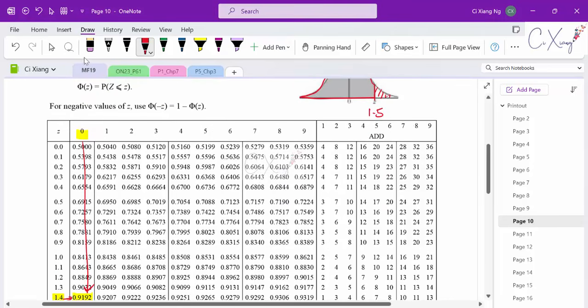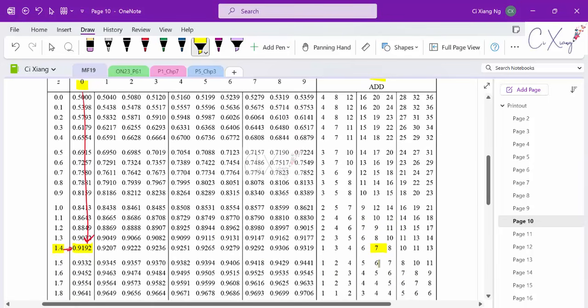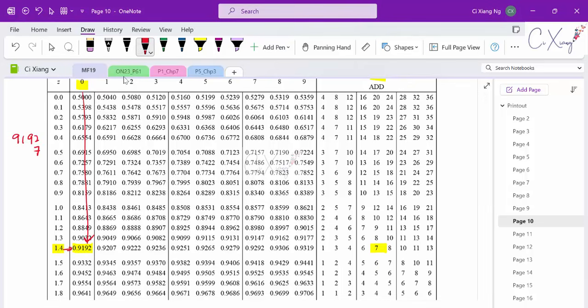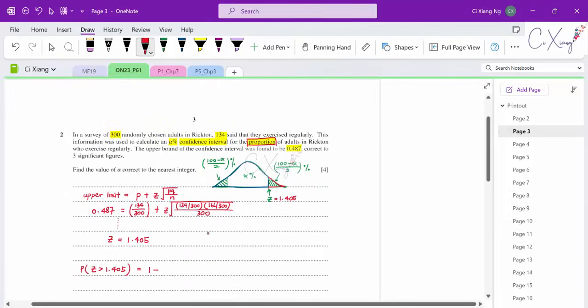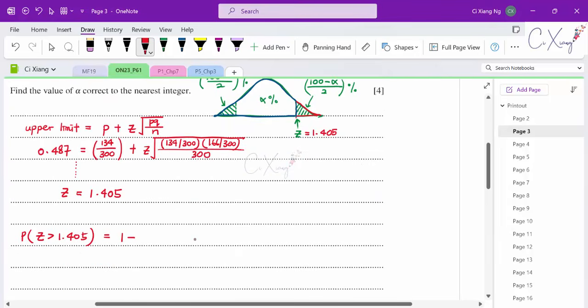So 5, you can go to the back. What's the 5 here? The 5 here is a 7. So that means you have to take 9192 plus 7 as the last digit, so you should have 9199. So the value that I get from the normal distribution table here should be 0.9199.